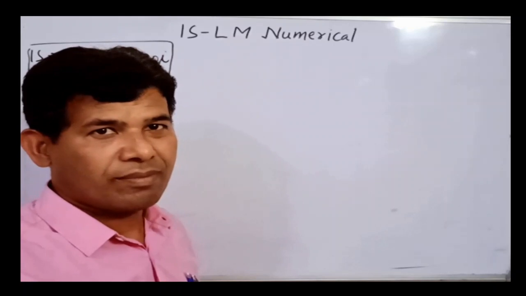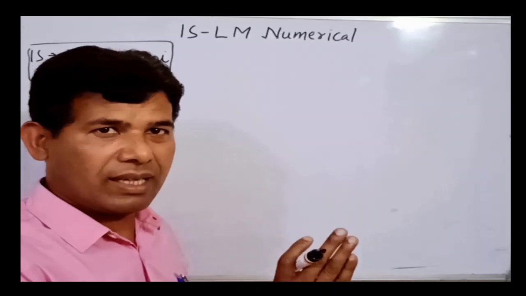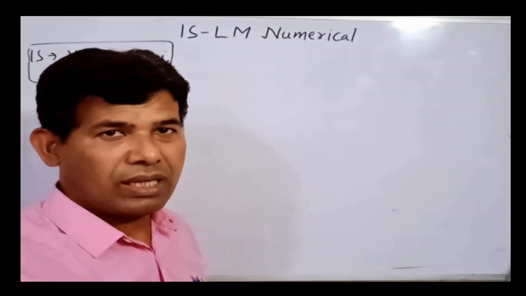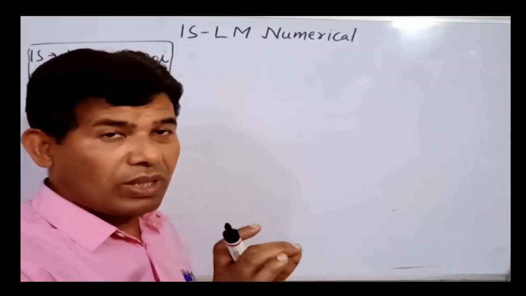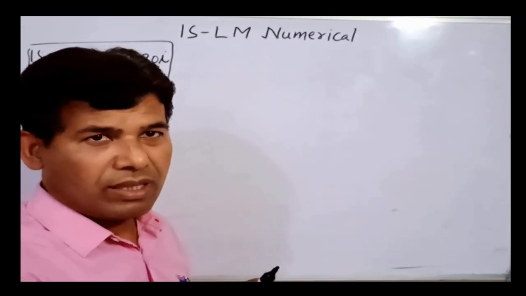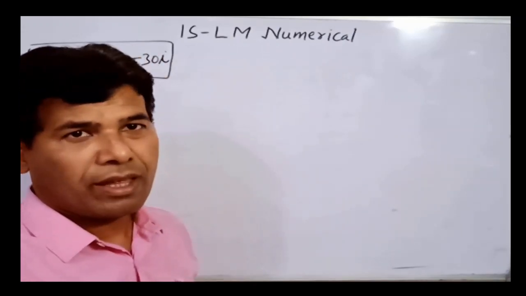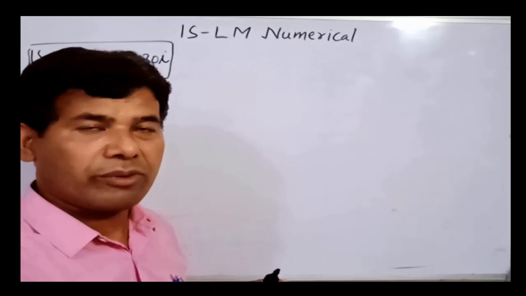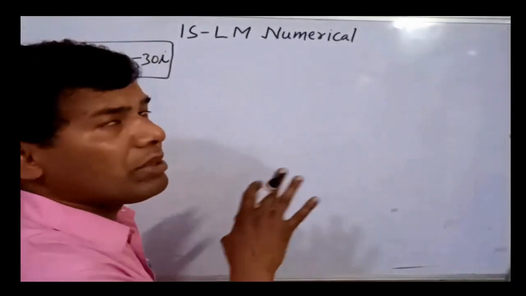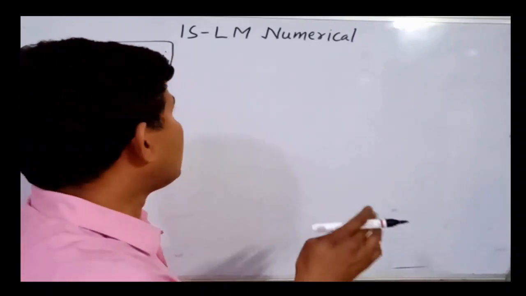Any point which is presented in the space between two axes, one axis consisting of interest rate, another axis consisting of income, only that point in the space would be characterized by money market equilibrium which lies on the LM curve. Similarly here, we derive the LM equation on the basis of the condition of money market equilibrium.